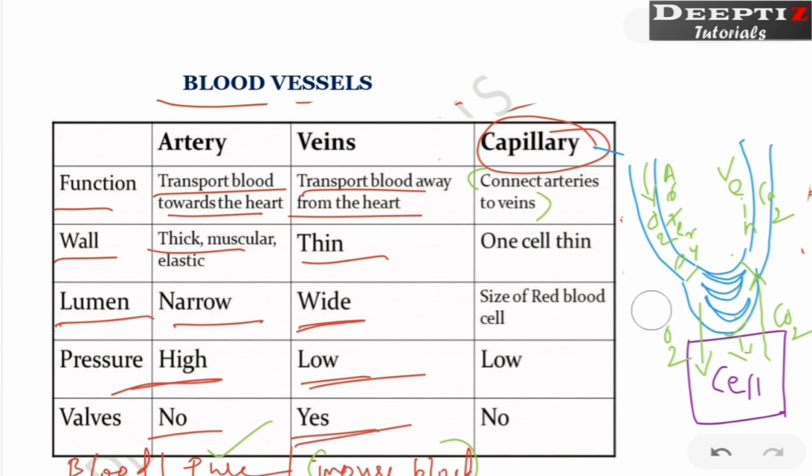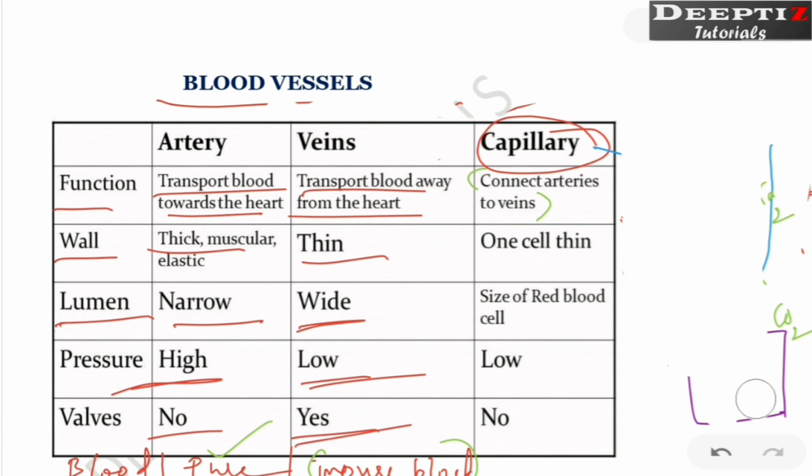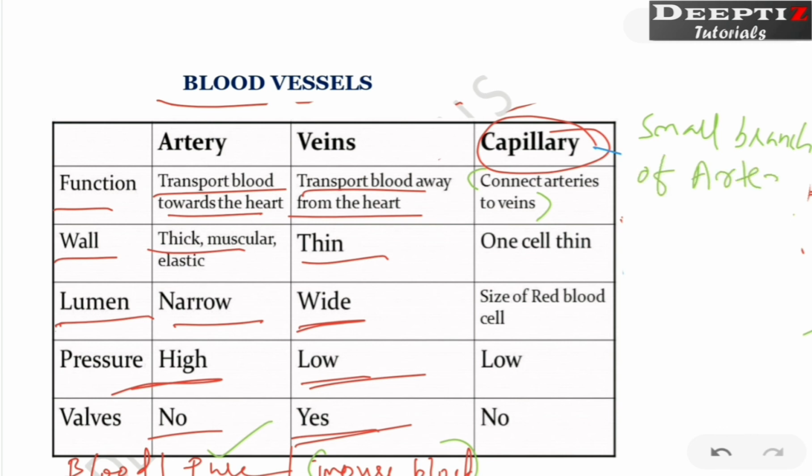Now one more term I am teaching you here. If you can remember, well and good. Otherwise, no problem. See, the small branch of an artery, we call it an arteriole. Are you getting this point?